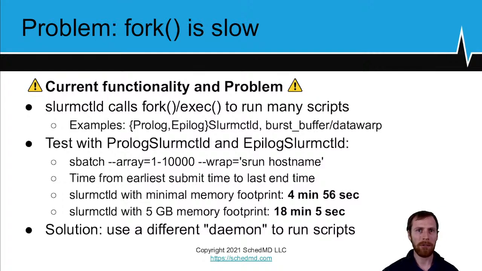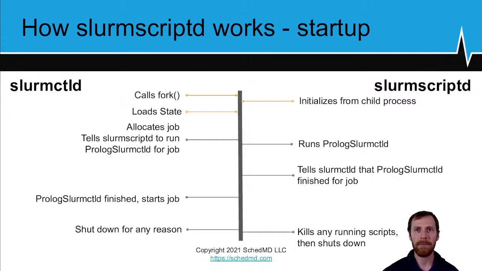So we really wanted to address this with a new burst buffer Lua plugin. We created a new sort of daemon that runs these scripts and called that slurmscriptd. How that works is when slurmcontrolD starts up, it immediately calls fork, and then slurmscriptd initializes from that child process.